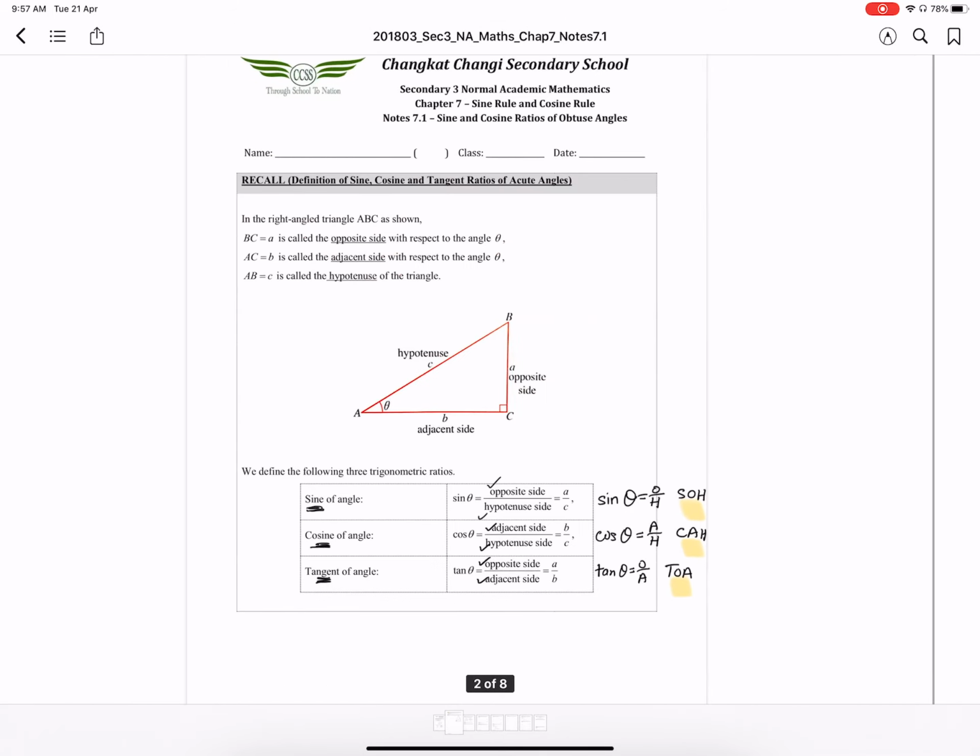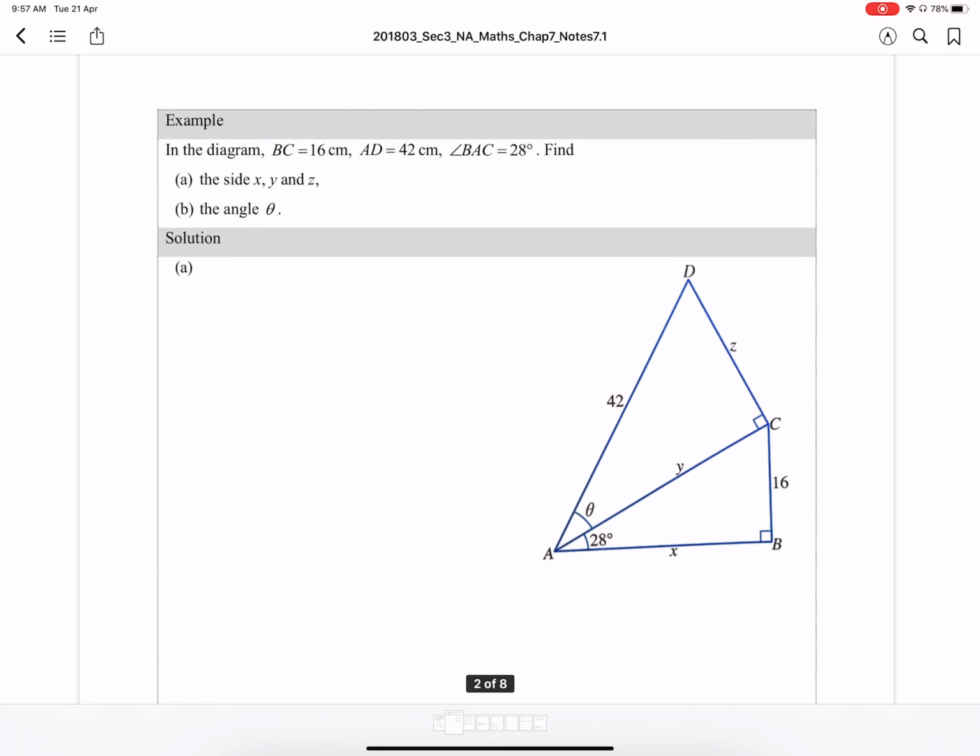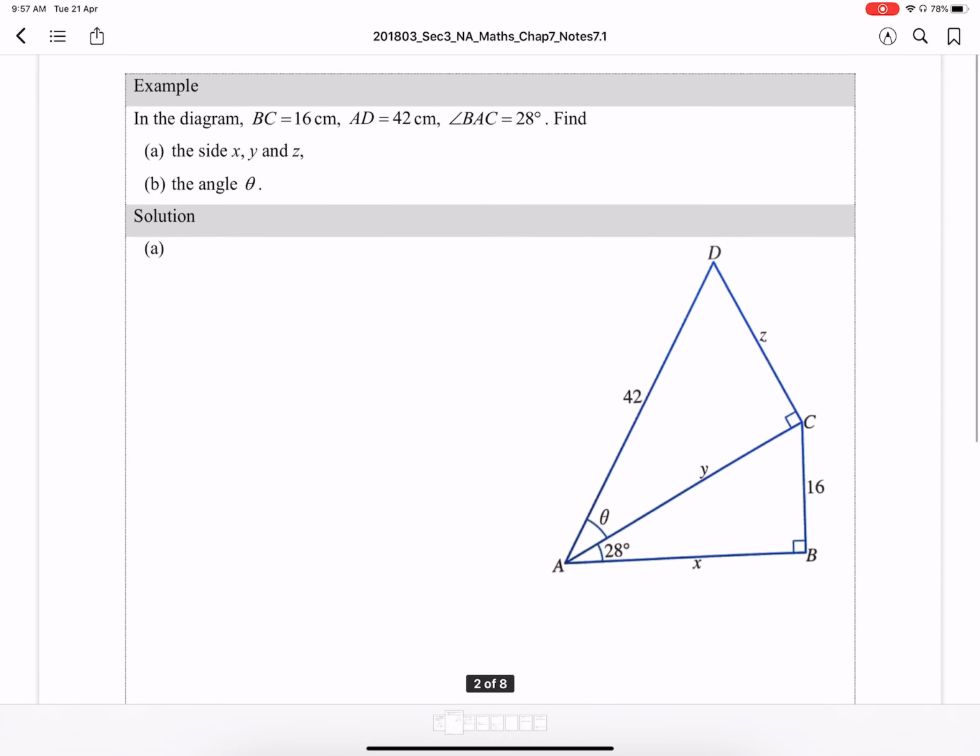Okay, so let's move on to our recall example here. This is an example that we have to revise before we move on to 7.1, the actual section. If you look at the diagram, there are two triangles: triangle ABC and triangle ACD.